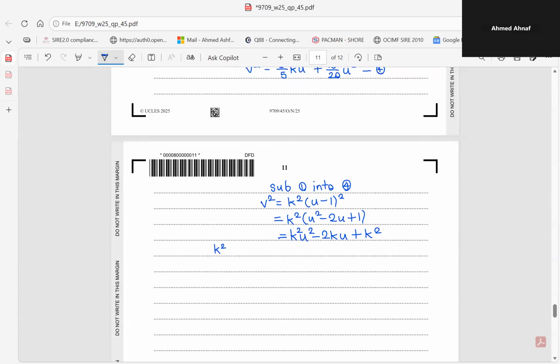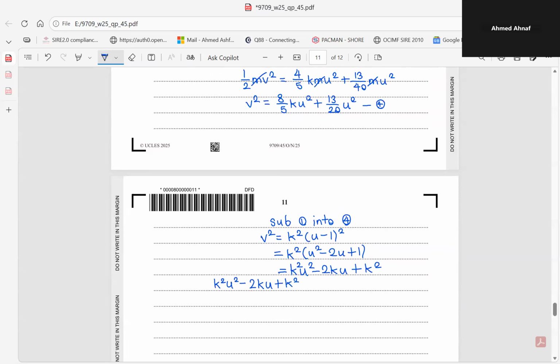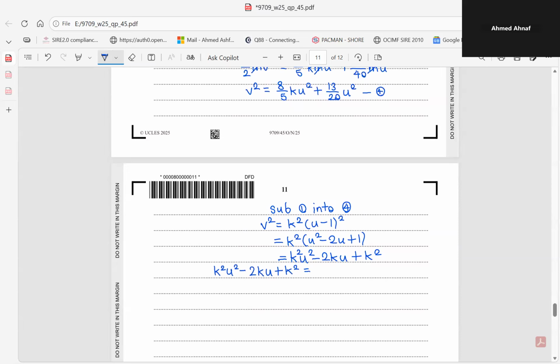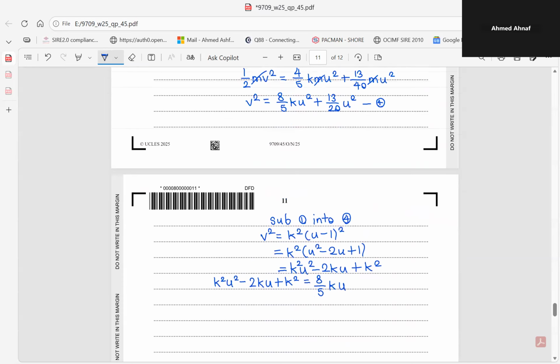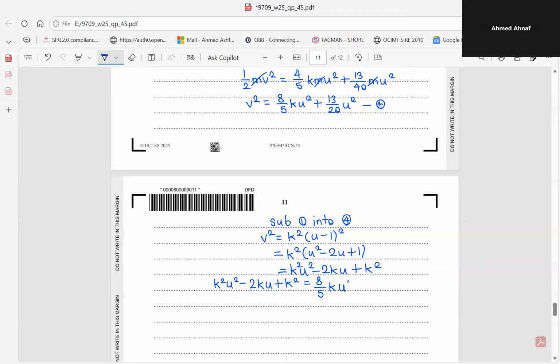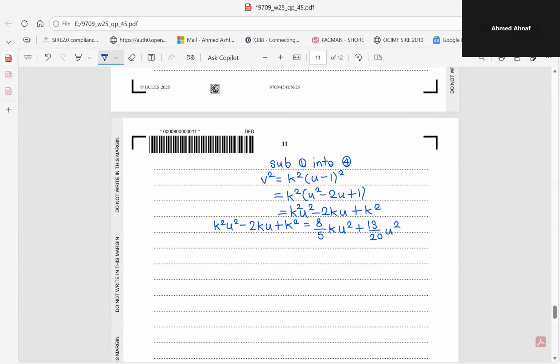So k squared u squared minus 2ku plus k squared equals 8 over 5 k u squared plus 13 over 20 u squared.